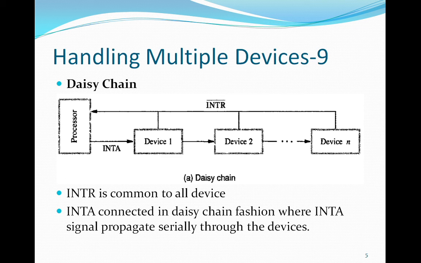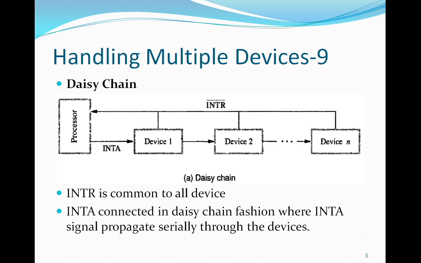Then device 1 passes the signal on to device 2 only if it does not require any service. If device 1 has a pending interrupt request, then it blocks the INTA signal and proceeds to output its identifying code on the data lines.